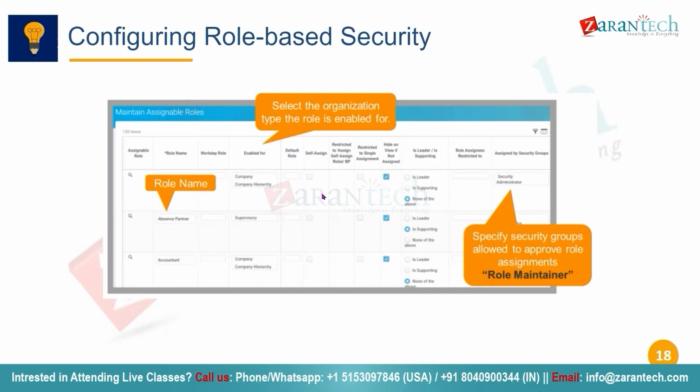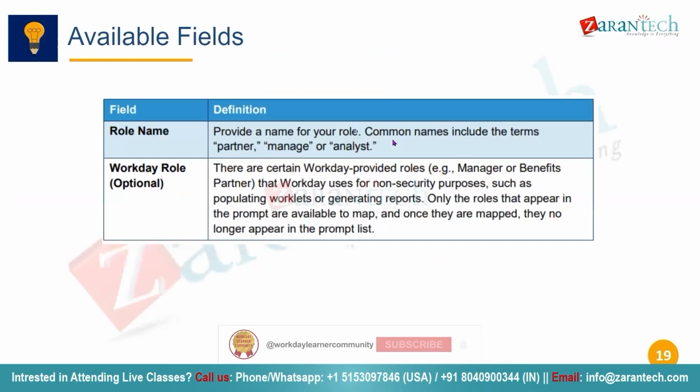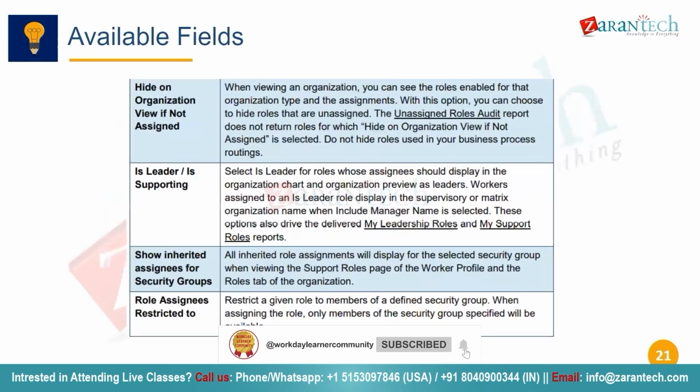For this kind of role, whether it is a supporting role or a leader, that also you can define, or if it is none of these, you can mention that too. So these are the different fields which you can maintain while creating a maintain assignable role.